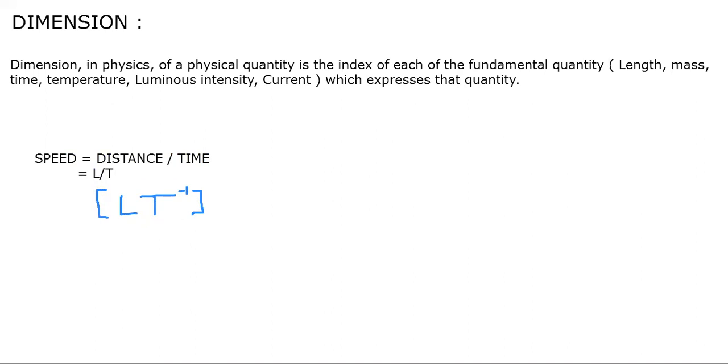Now if I want to find dimension of acceleration, just remember the basic formula of acceleration, that is change in velocity divided by time. So that means velocity divided by time. Now velocity and speed have the same dimension because velocity is displacement by time. So distance is length and time is time. So velocity and speed dimension wise are same.